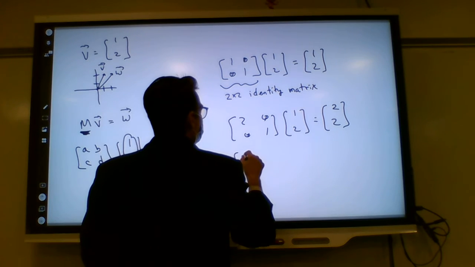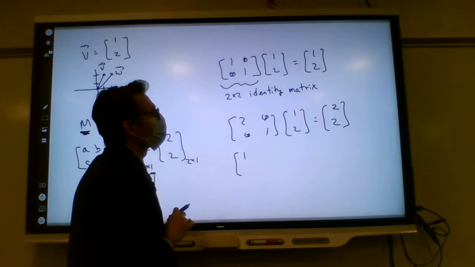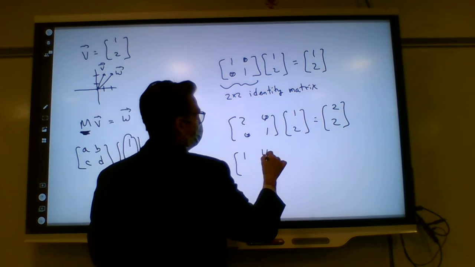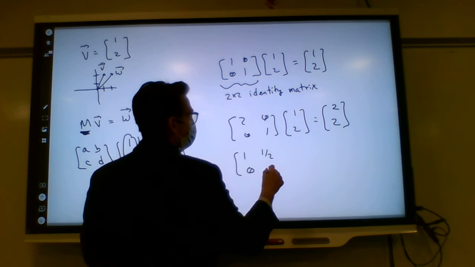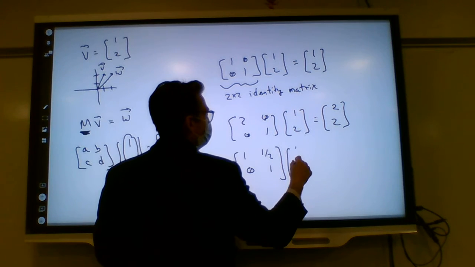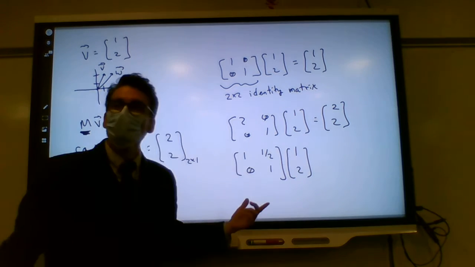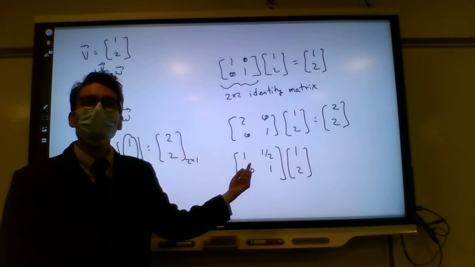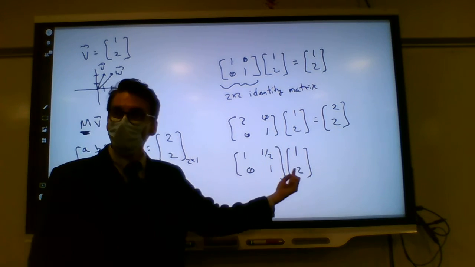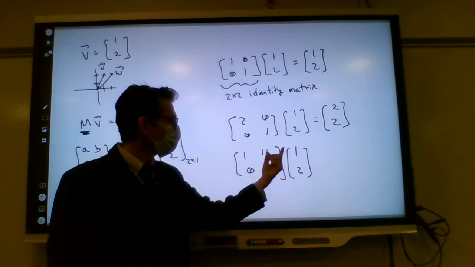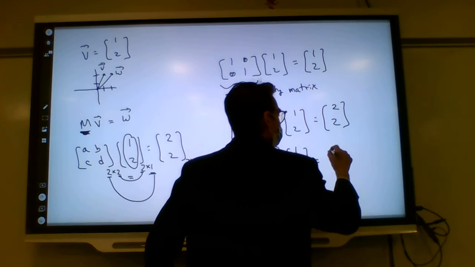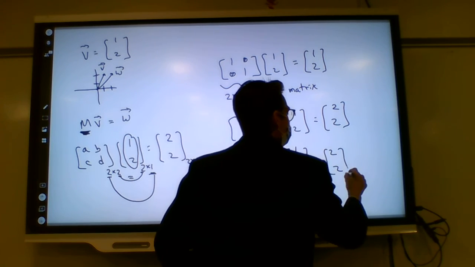What would happen? 1 and 0.5. Okay. What happens if we multiply by this instead? We get 1 plus 1, and then 0 plus 2. So this also gives us 2, 2.